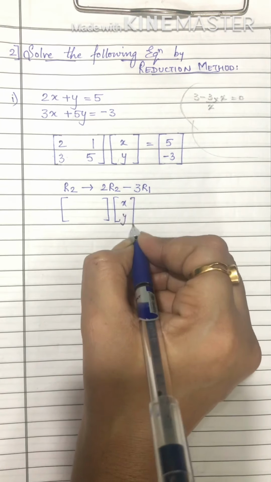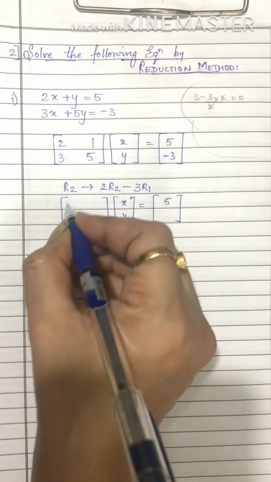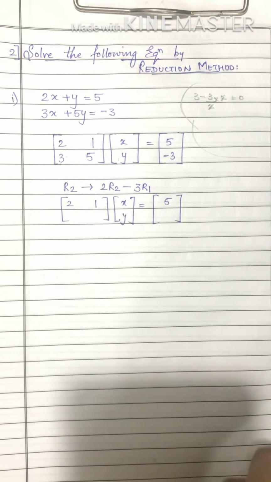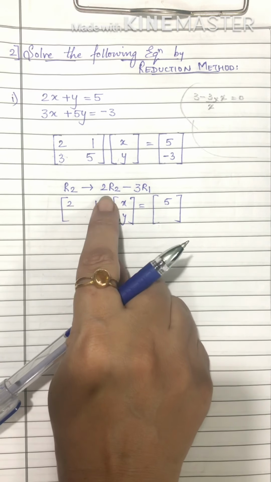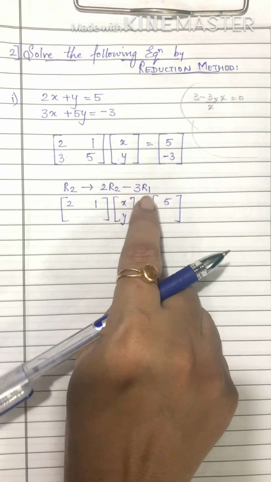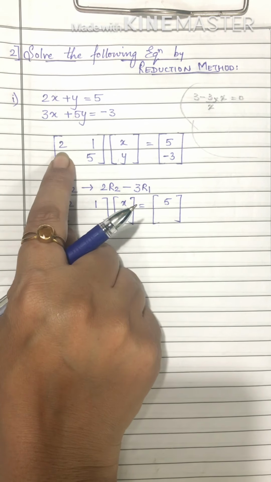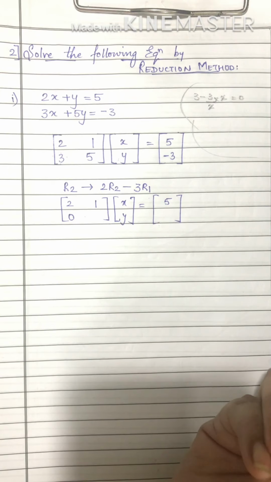X and y I will write as it is, and the first row elements let them be the same. We are doing the transformation in R2. So 2R2, that is 2 into 3, minus 3R1, that is 3 into 2, that is 6. So 6 minus 6, we get 0.